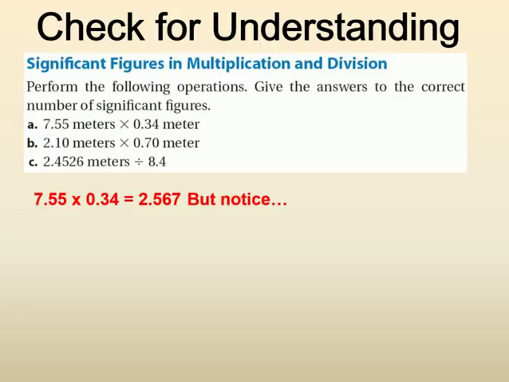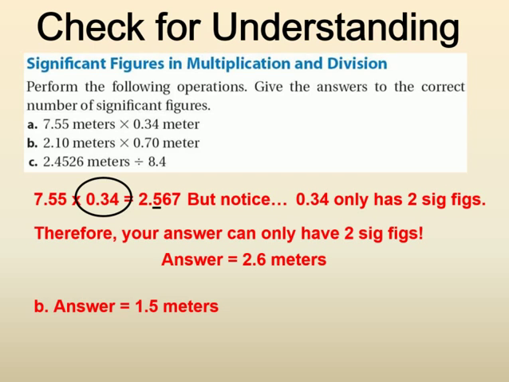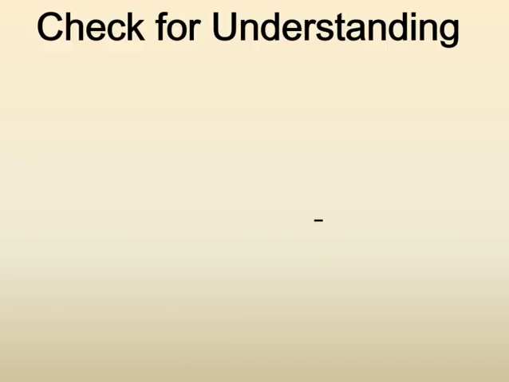But I want you to notice, we're multiplying by 0.34. 0.34 only has two significant figures. Therefore, your answer can only have two significant figures. So I'm going to have to round to this spot right here. So my answer to report and get full credit is going to be 2.6 meters. Your answer for B, I hope you got 1.5. And then your answer for C, I hope you got 0.29 meters.